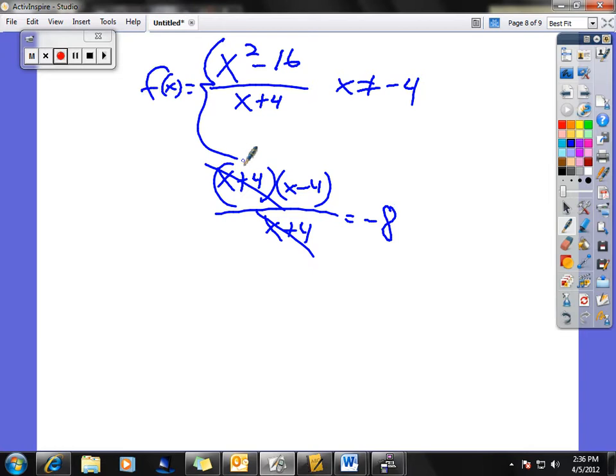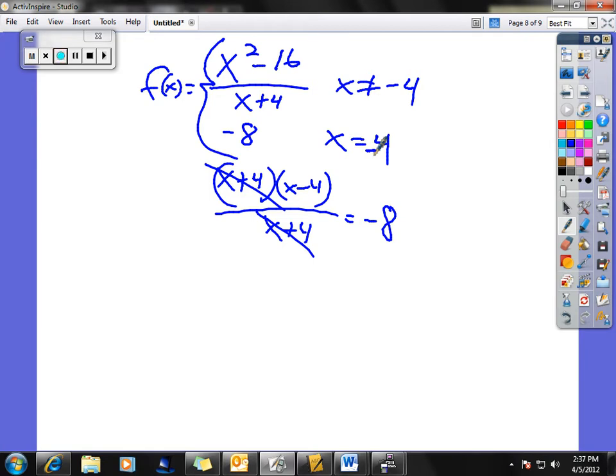It's this function for x not equal to -4, and it's the function -8 for x equal to -4, and that -8 fills in the hole that would have been on the original function. Okay, so that's what you're doing.